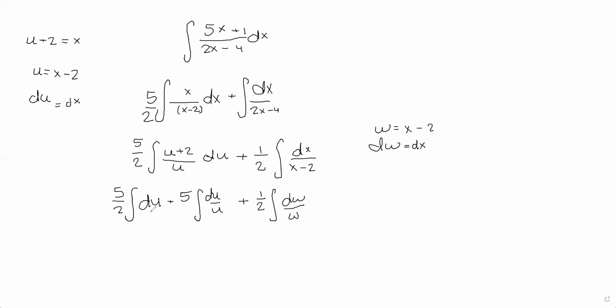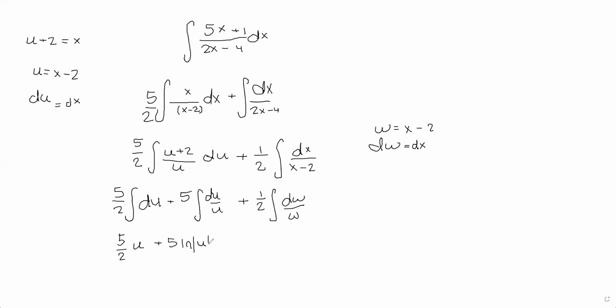So this first integral, if the integral of dx is just x, then the integral of du is going to be u. It's going to be 5/2 times u. That's what we get when we integrate du, we get u. In the same way as how we integrate dx, we get x. And then we're going to have plus 5 times the next antiderivative. So the antiderivative of 1 over u is going to be natural log of u.